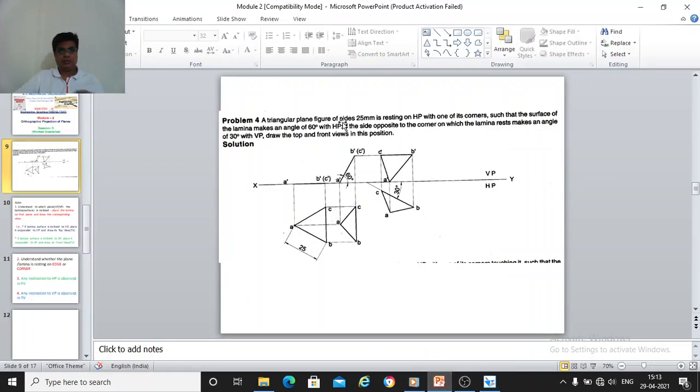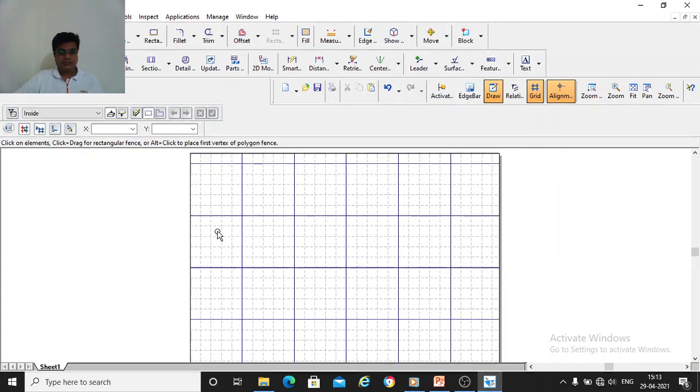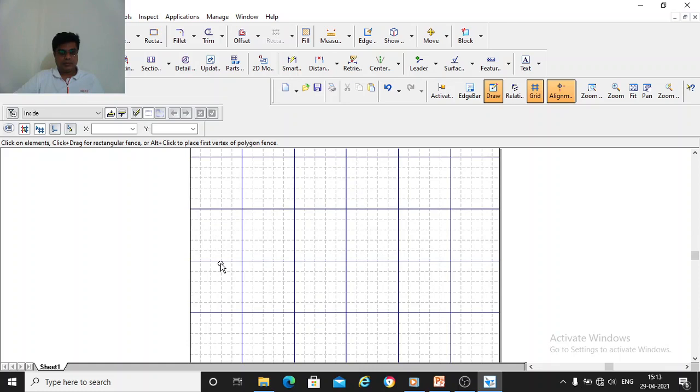Here, as usual, for all the problems you should draw the XY line at the center of this page. So I take the XY line.